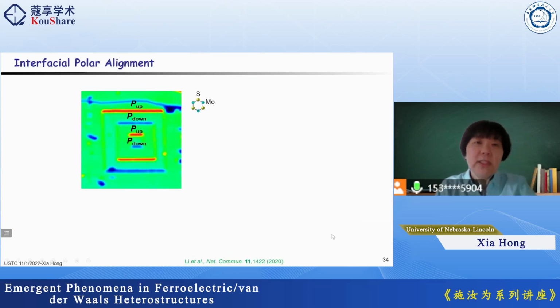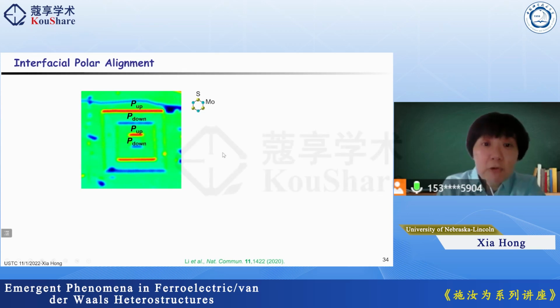So this can be understood by the chiral rotation of local dipoles at the domain wall. For the region where we have the enhanced SHG signal, we always have a dipole rotating from up to down.